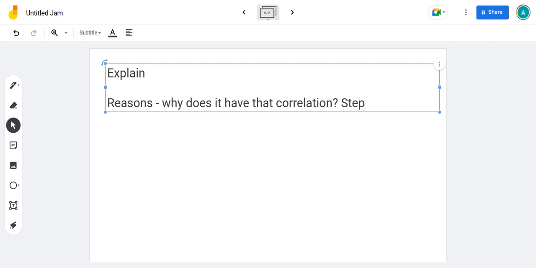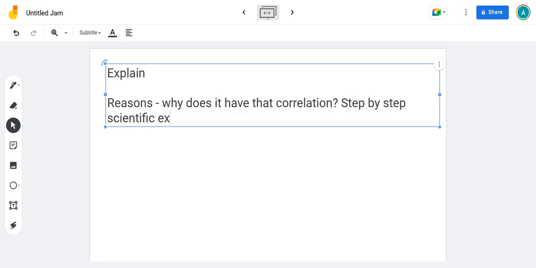Okay, so step-by-step scientific explanation. Okay, so use what you've learned in your course to explain how that links to that. How whatever it is on the x-axis links to the increase or decrease or whatever of that on the y-axis. Okay, so it's scientific explanation, scientific processes.